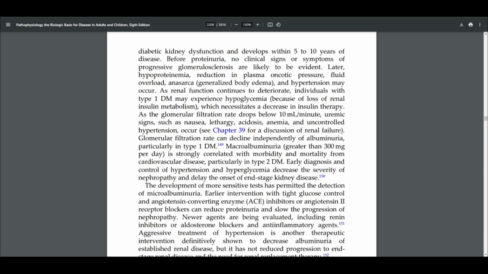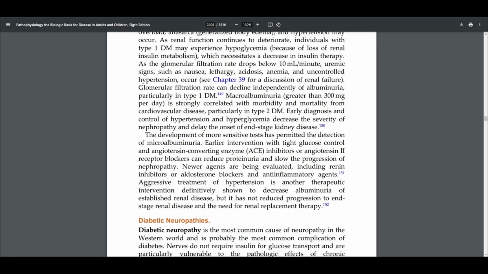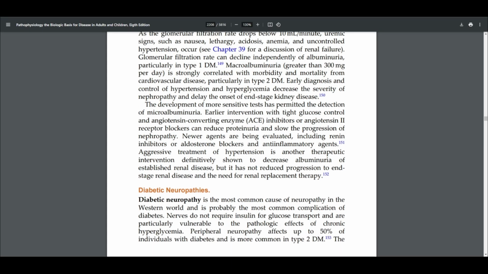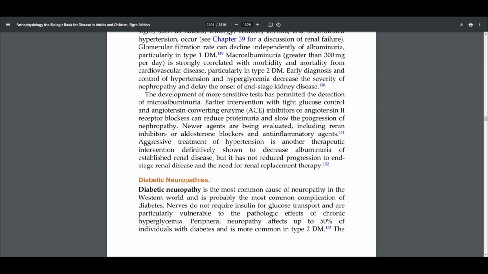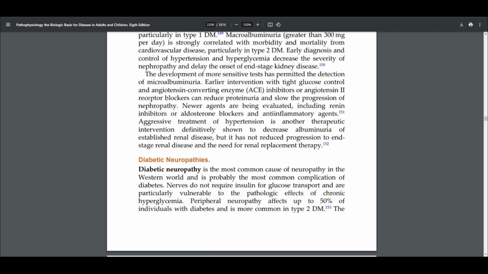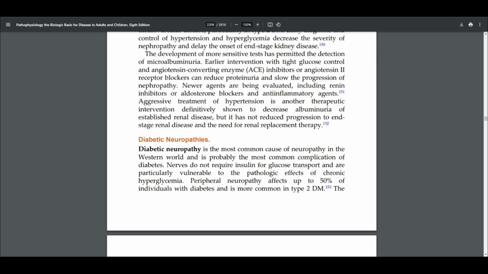Glomerular filtration rate can decline independently of albuminuria, particularly in type 1 diabetes. Microalbuminuria is strongly correlated with morbidity and mortality from cardiovascular disease, particularly in type 2 diabetes. Early diagnosis and control of hypertension and hyperglycemia decrease the severity of nephropathy and delay the onset of end-stage kidney disease.